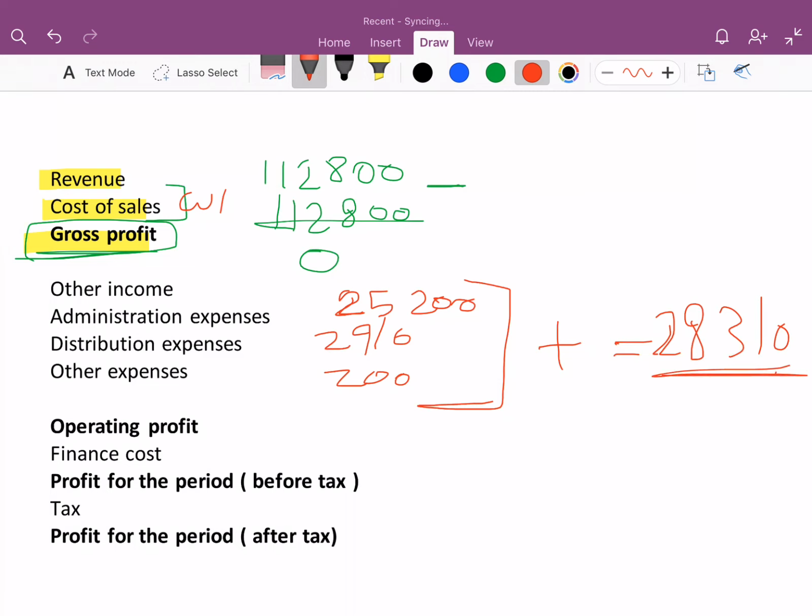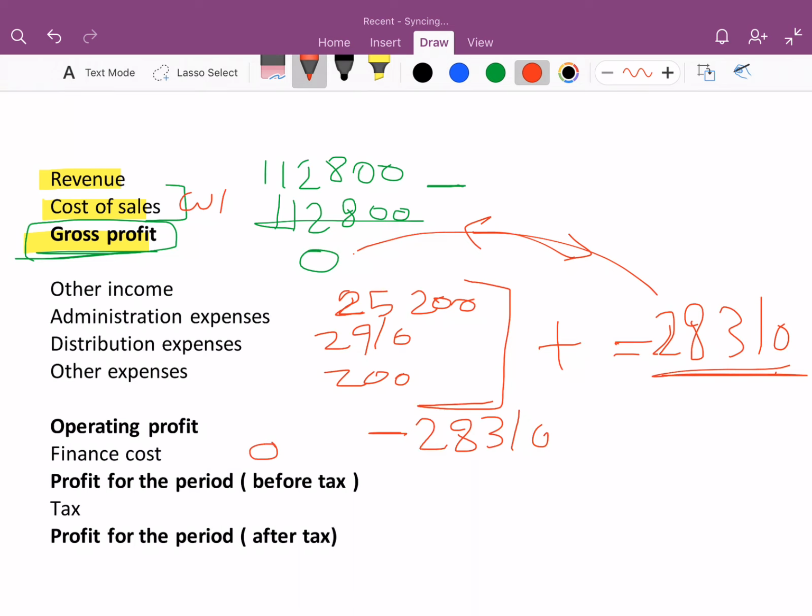So this number minus this number will give you a negative 28,310. So it's a negative. And then we don't have any finance cost, so it's 0.